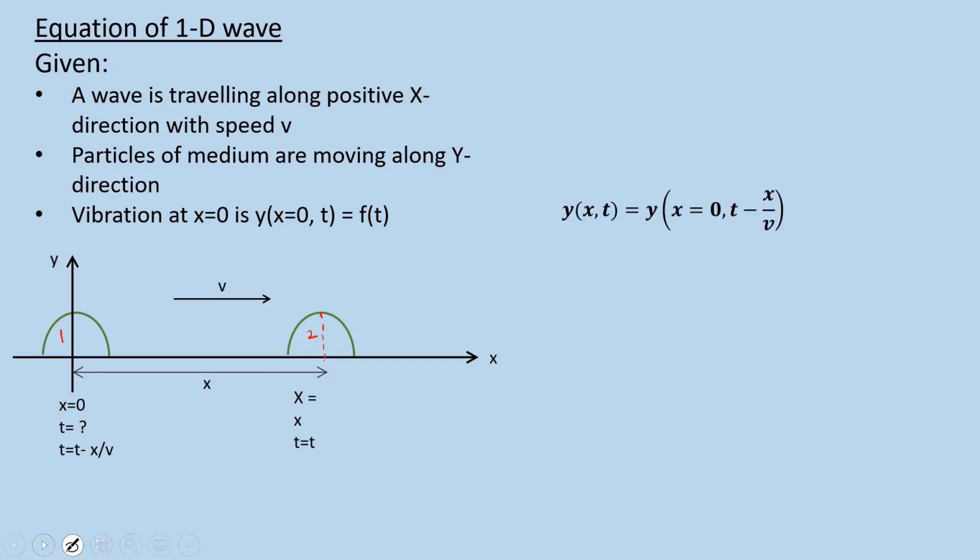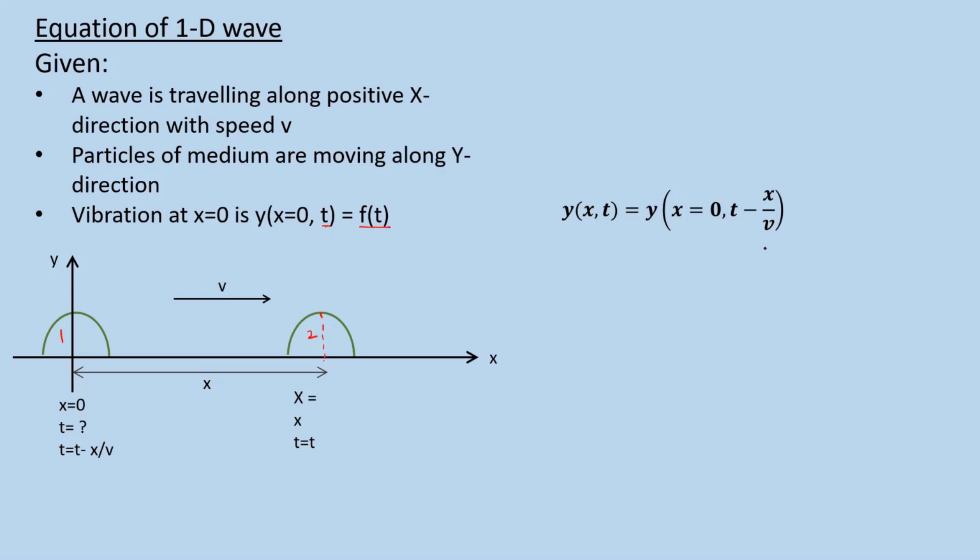So now we can write the value of y at position x at time t as the same as the value of y at position x equal to 0 at time t minus x by v, and y at x equal to 0 at time t is f of t.